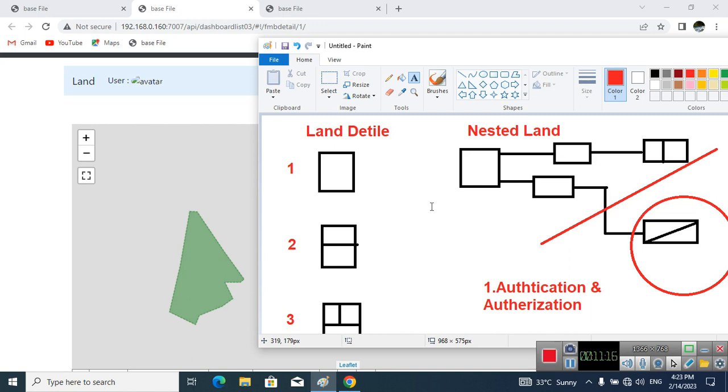And how can we get back the land information based on the land owner? The land owner takes a login and gets back their land cover information based on authentication and authorization.